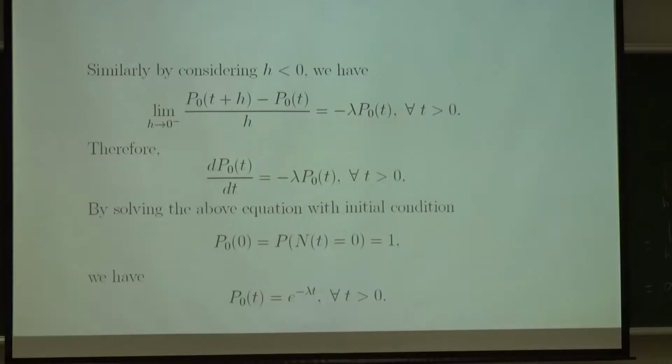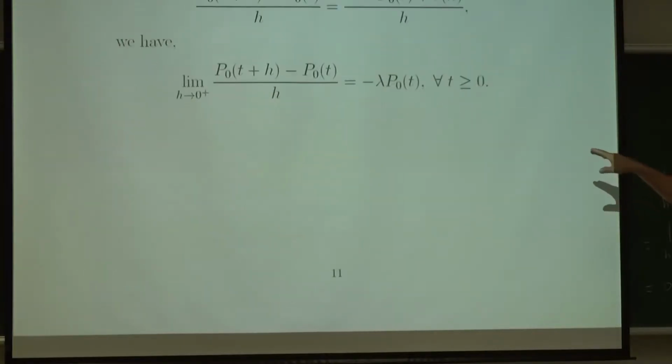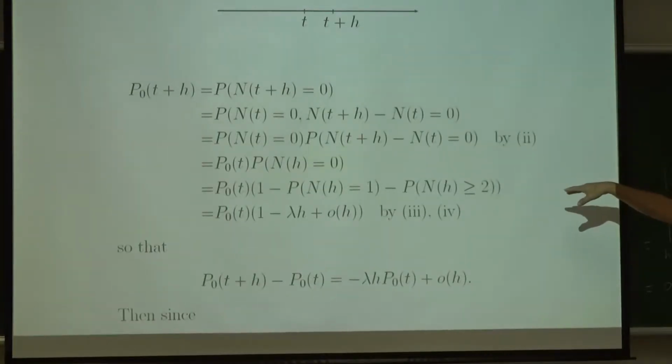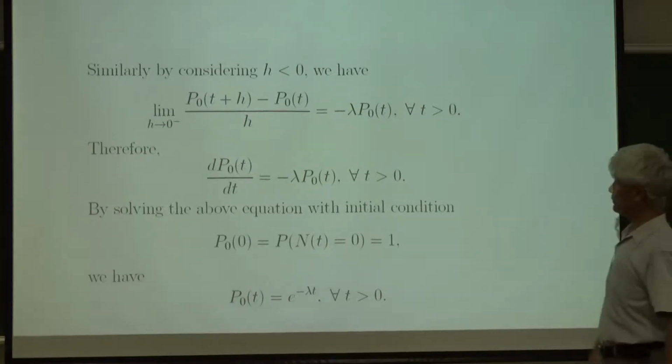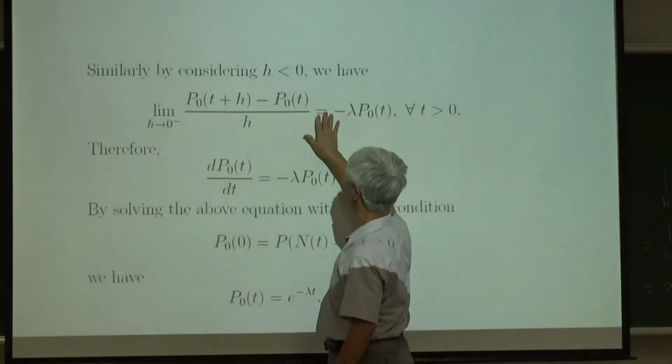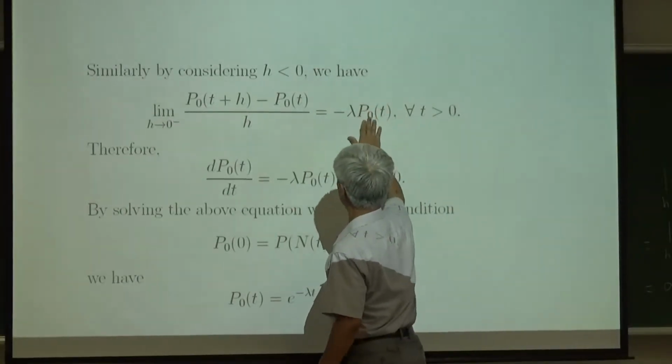So when you use the independent increment, you have to consider the increment from 0 to here, and this increment. It's a little bit different, but the idea is what we did here. So we end up with the same result.